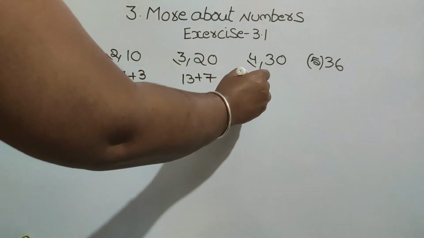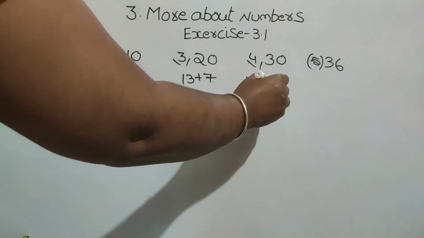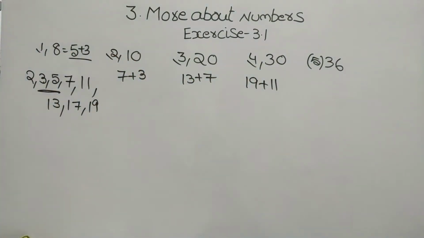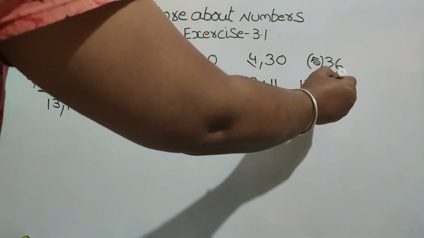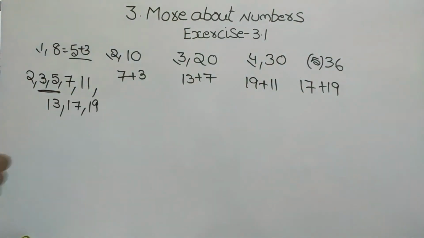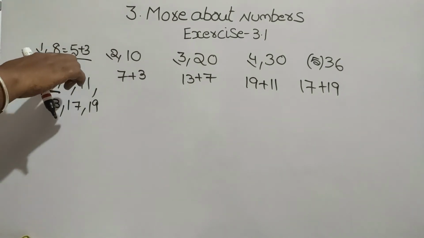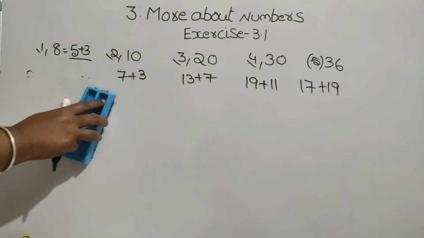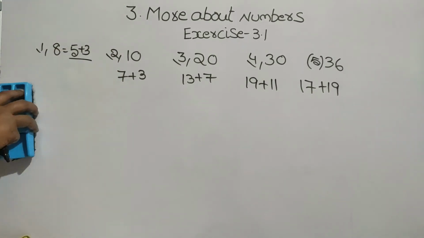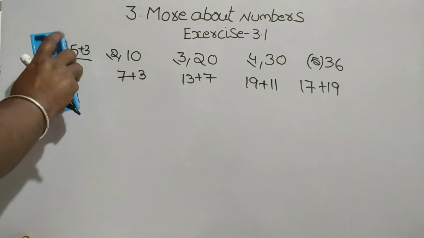So 19 plus 11 is 30. 17 plus 19 is 36. These are the even numbers as the sum of two prime numbers. This ends this question. Moving on to the next question, which is 4.